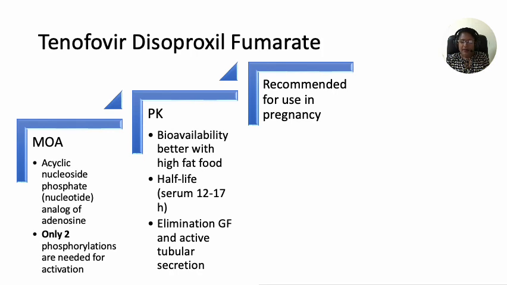Oral bioavailability increases with high fatty foods. Serum half-life is about 12 to 17 hours, and the elimination takes place through the kidneys. Therefore, dose adjustments are required in patients with renal insufficiency.